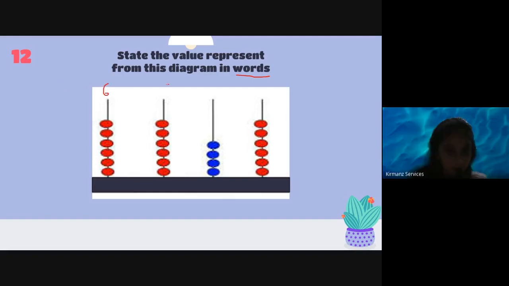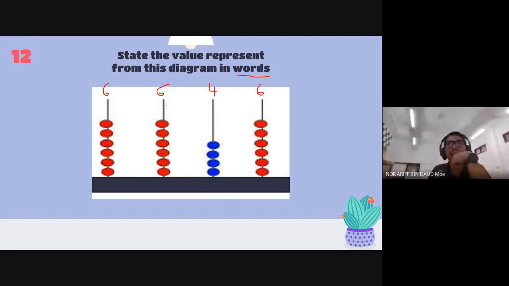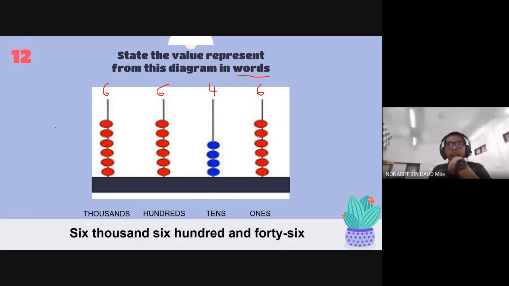Yes. And 46. Yes. 6,646. So the 1000 unit for here, 100, 10 and 1s. And the answer will be 6,646. Okay, very well, very well.